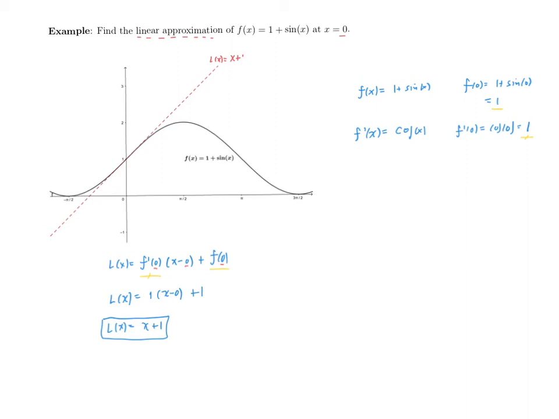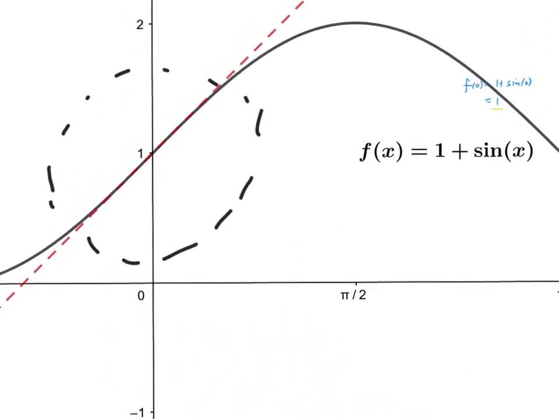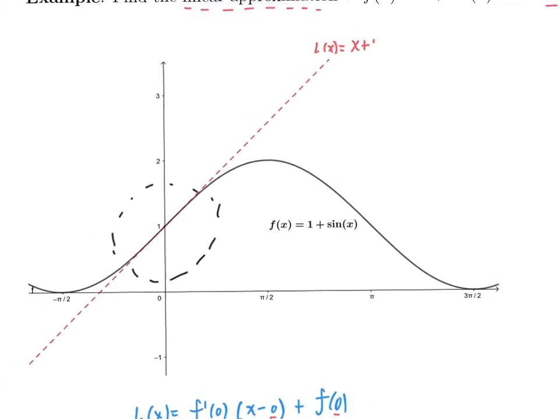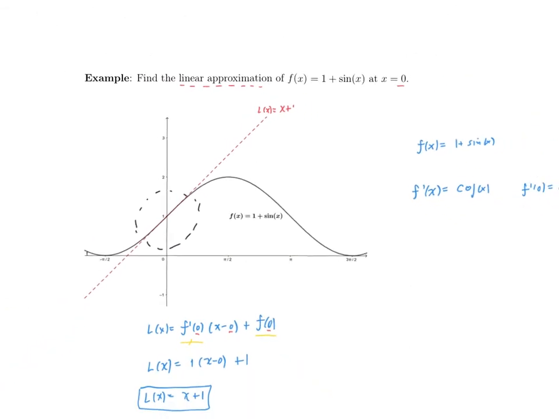If we really zoom in around this point of tangency, we should note that as we get closer and closer to that point of tangency, you can really see here that the curve and the tangent line become almost indistinguishable from each other. So let me zoom this back out.